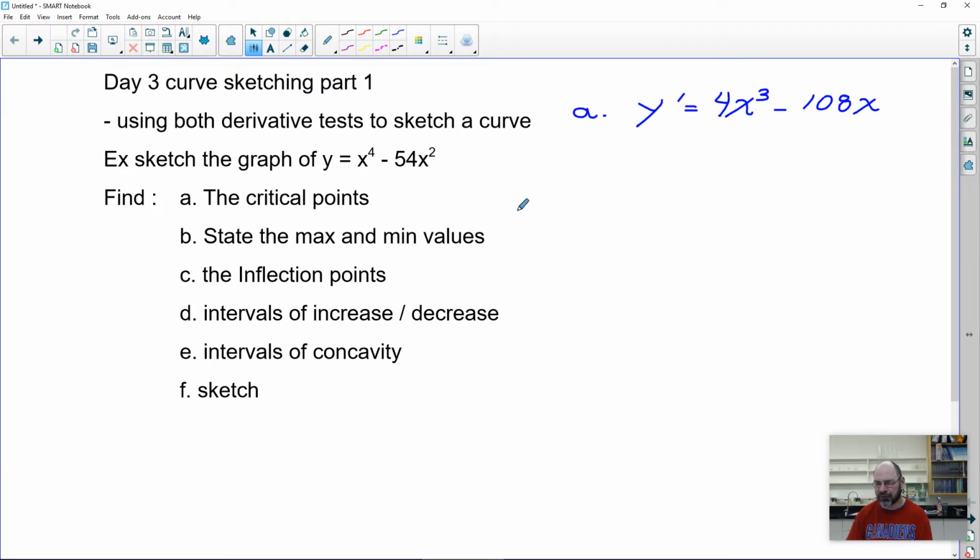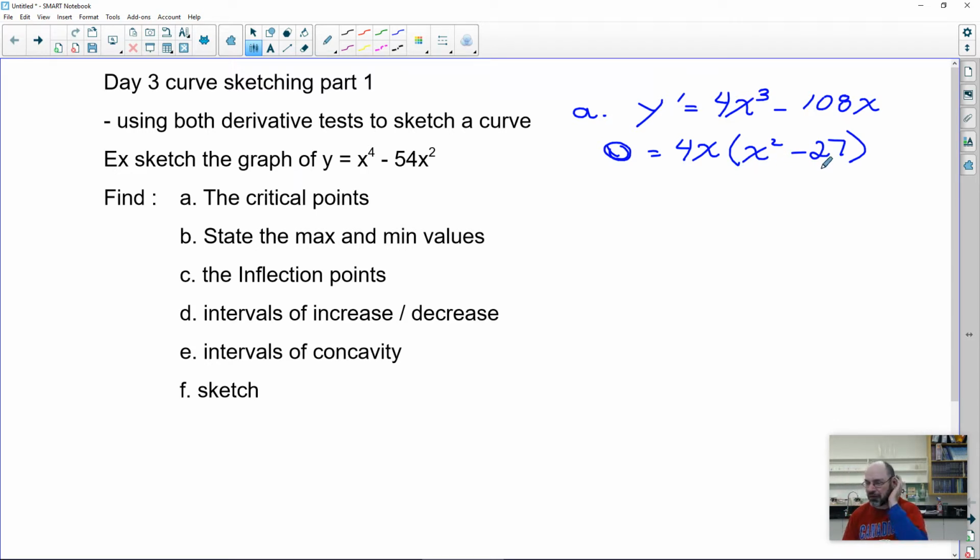So we can take out a 4x, which gives 4x times x squared minus 27, since 27 times 4 is 108. Then we can factor this.